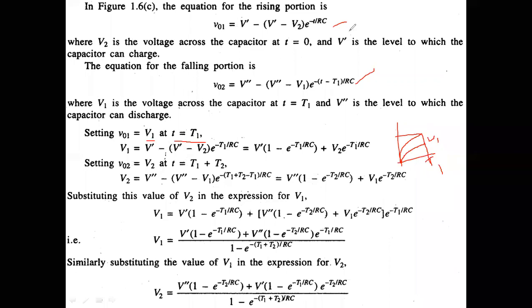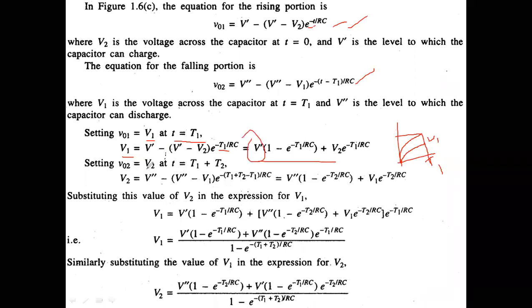If we substitute in this equation, we get VO1 as V1, and instead of the time period, I substitute T1. I had taken V dash as common, giving 1 minus e power minus t1 by RC, plus V2 into e power minus t1 by RC.